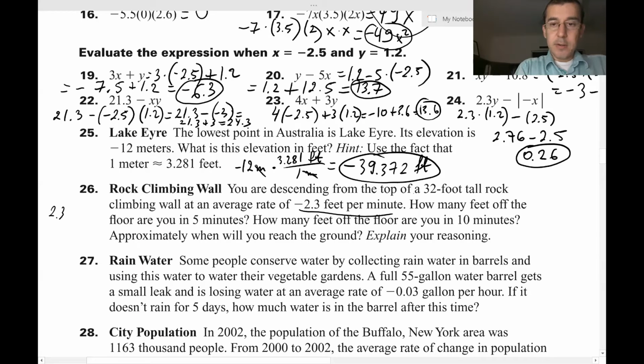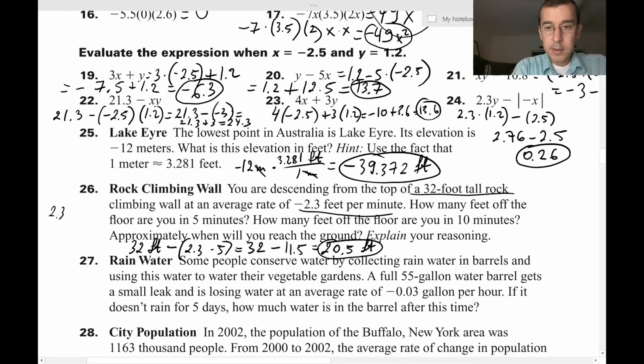You're on the top of a 32-foot tall wall, so it's basically 32 feet minus 2.3 feet times 5. 2.3 times 5 is 11.5, and then 32 minus 11.5 is 20.5 feet.